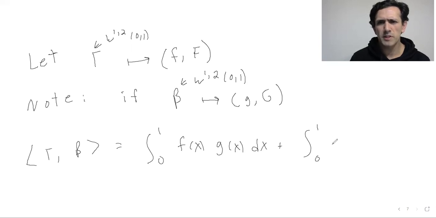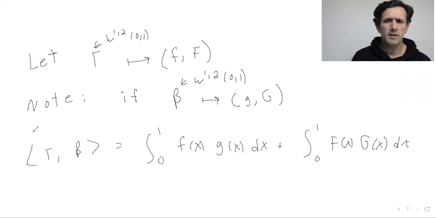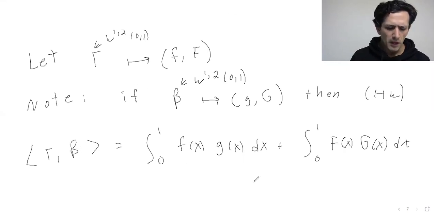Plus, in some sense, f prime of x, g prime of x. Well, really, it's big F and big G. Okay? And again, this is an easy homework you can prove. I don't know if I'll collect it or not, but maybe I will. Right, and this is W^{1,2}.